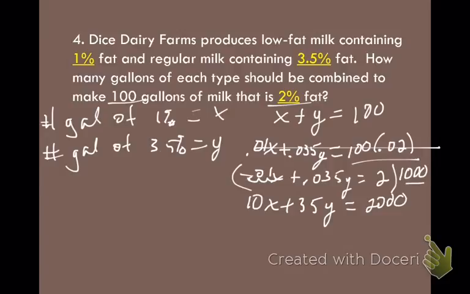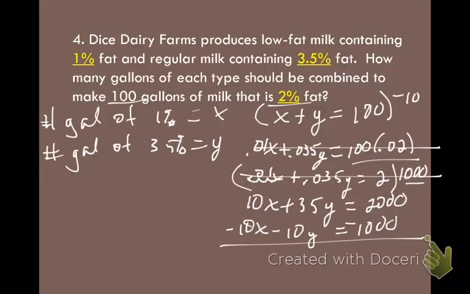Now, I'm going to use these 2 equations. Okay. Again, easy enough to set up either way. I'm going to go ahead and multiply this first equation by negative 10 to use elimination. So we get negative 10x minus 10y is equal to negative 1,000. Then I'm going to add these two equations together.